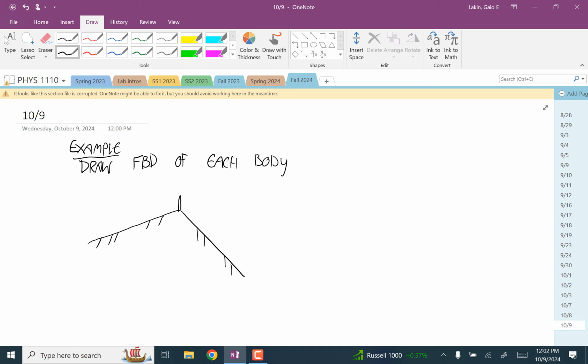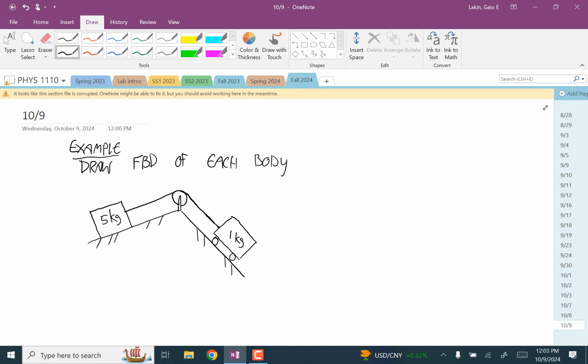And a pulley at the middle and a block over here of 5 kilograms. And a rolling cart on this side of 1 kilogram. And these are connected to each other by a cable that goes over this pulley.